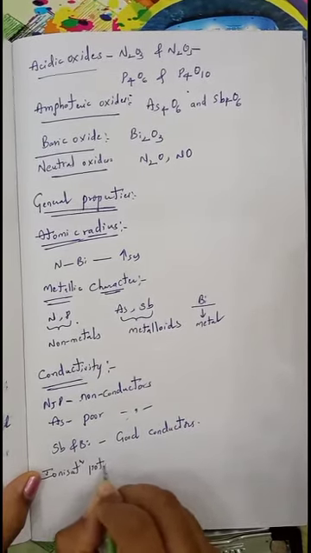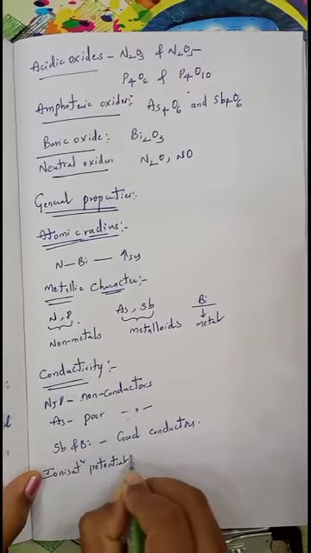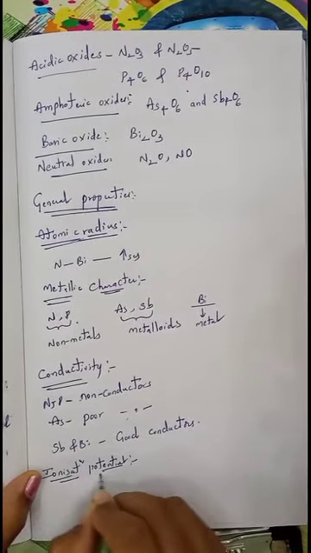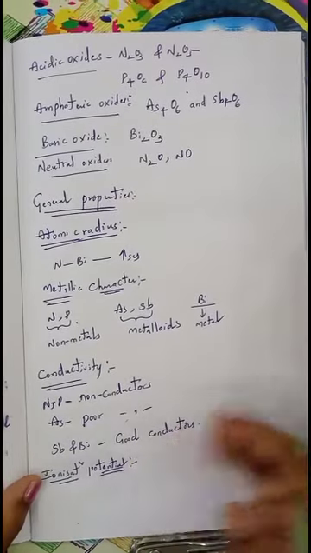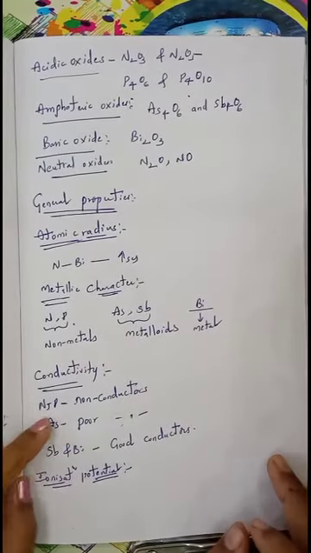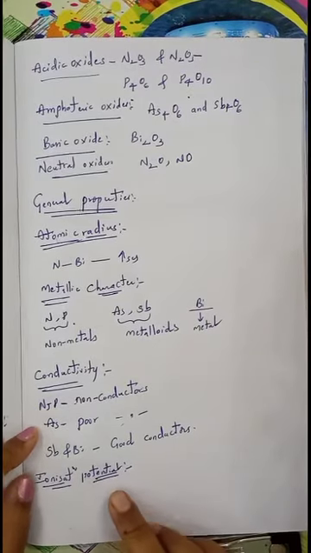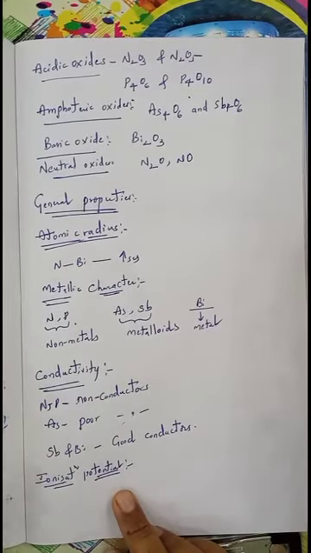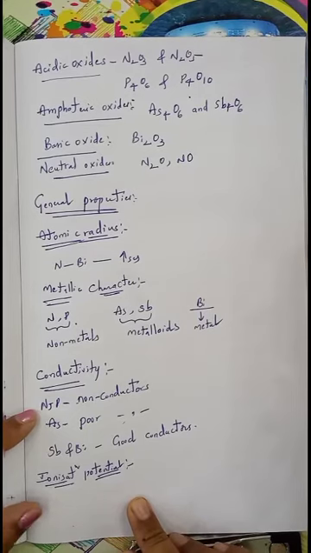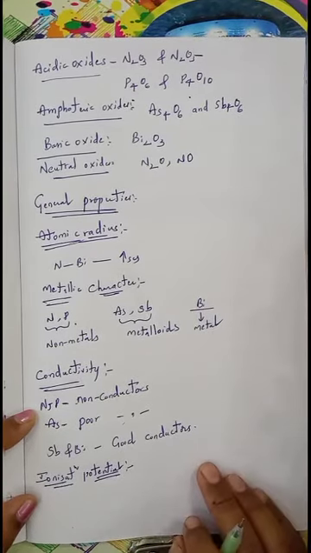Ionization potential, or ionization energy or enthalpy, is the amount of energy required to remove the last electron from an element in its gaseous state or ionic state. The ionization potential values of these elements are very high compared to other elements.